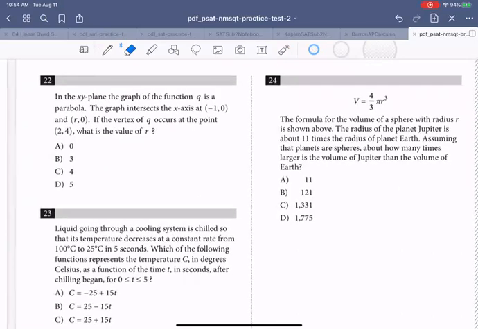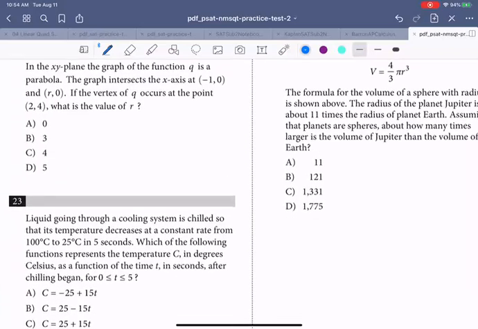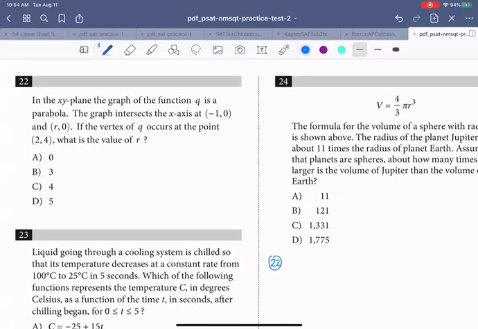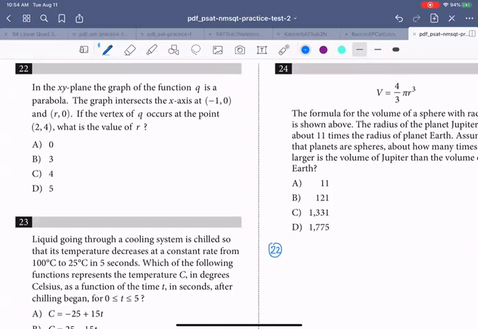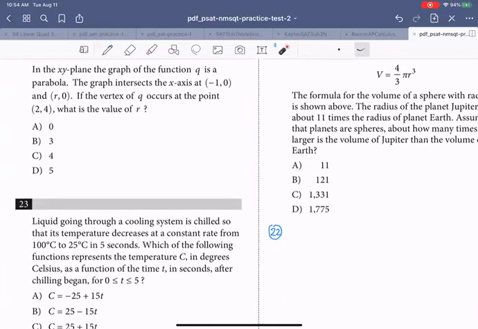I want to teach this question by a different method. This one is a very good question for asking us about quadratic functions, right? First, they say the vertex is what? (2, 4).